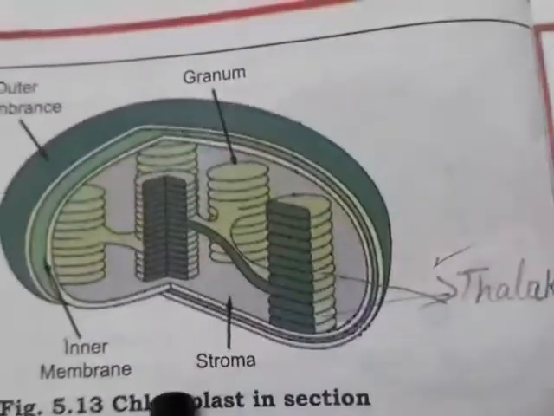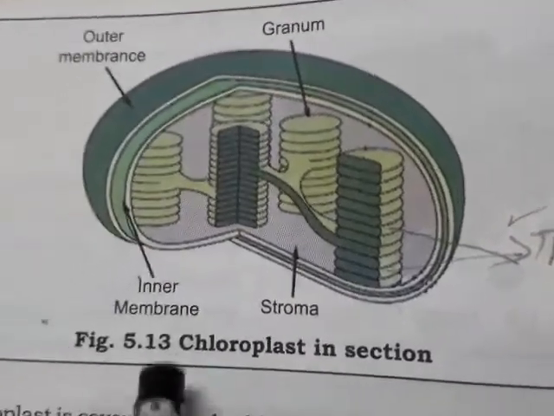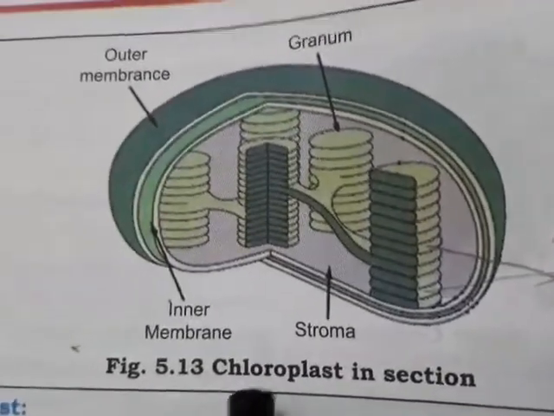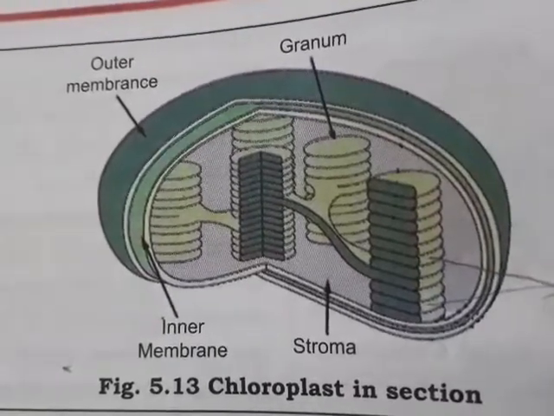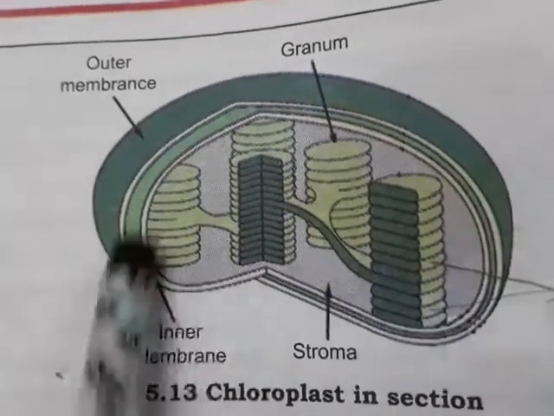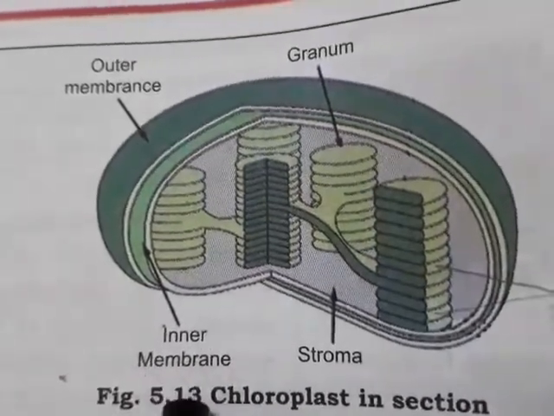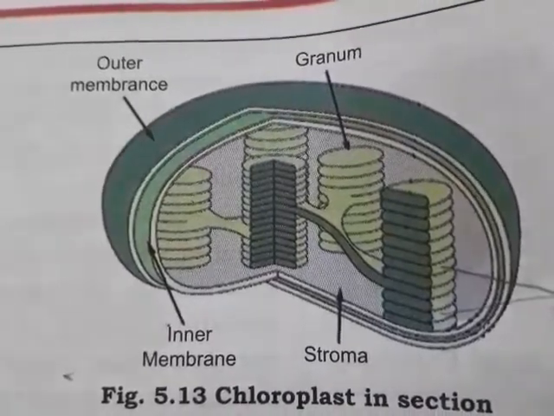As you can see in the picture, this is the chloroplast. Chloroplast is a plastid containing the green pigment chlorophyll. Chloroplasts are important for photosynthesis in plants. It is here that photosynthesis takes place.